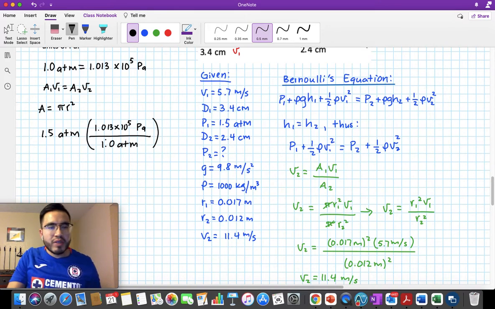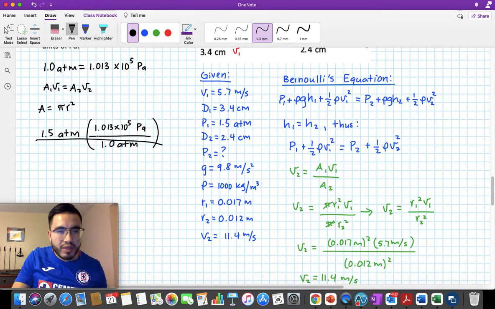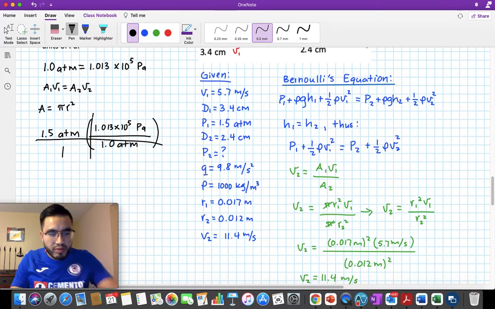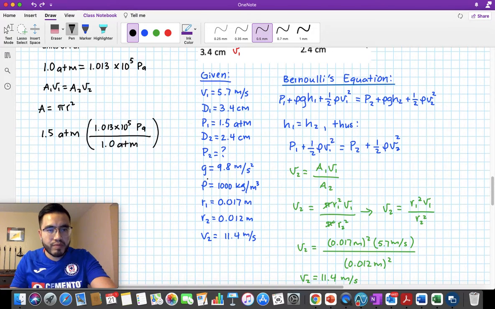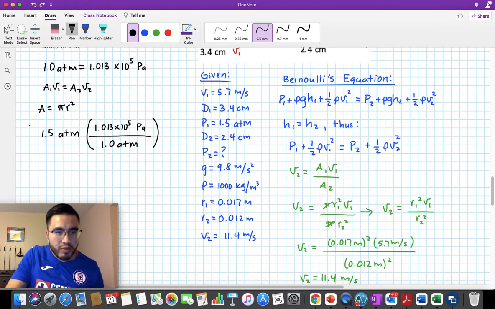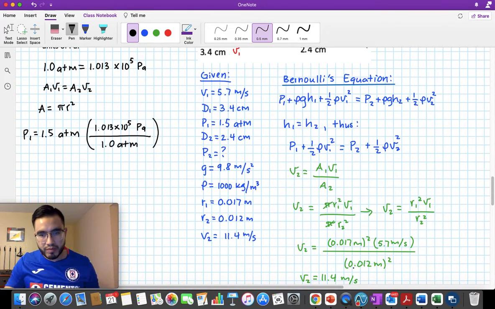If you think about it, I'm using dimensional analysis, so we need to cancel ATM with ATM. I'm doing the same thing, I just decided to do it this way. Okay, so this is pressure 1 in pascals. So let's try it.